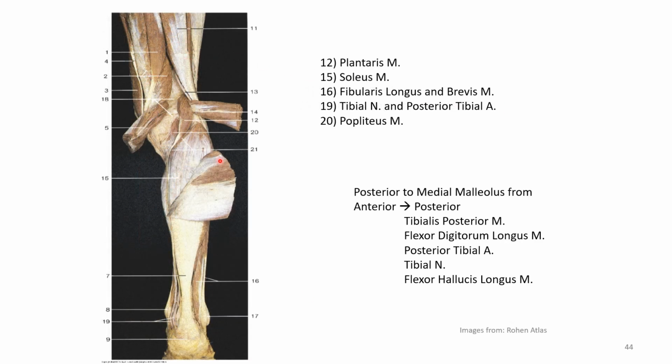This image has the gastrocnemius muscle cut and reflected. So what you're seeing here deep to it is the soleus muscle. So this is soleus. It will again attach on a common insertion point on the calcaneus via the calcaneal tendon. The muscle you're seeing right here, this is the plantaris muscle.